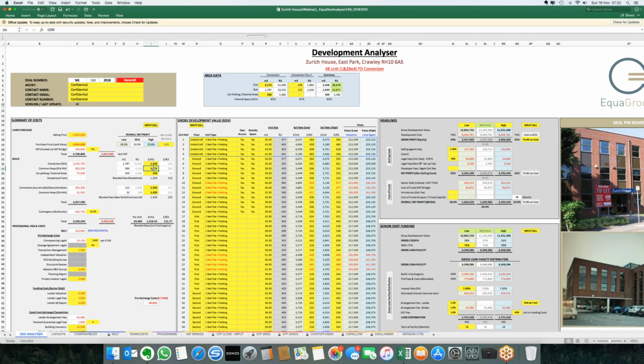At least we can get the main contract certainly within this budget. So how it calculates it, it looks for the net internal area. Now, the net internal area is essentially the space or the area where the flats are.